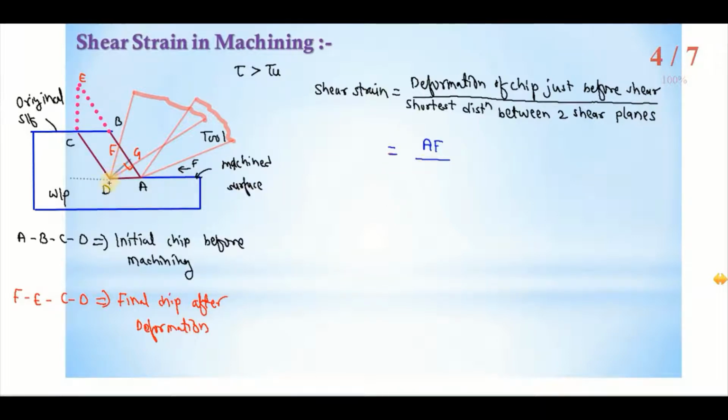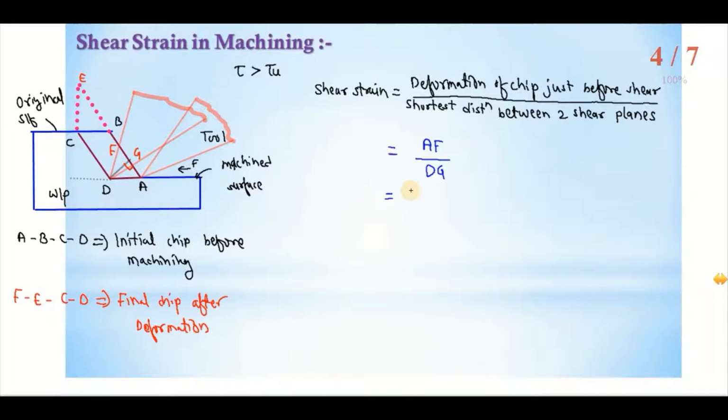So this is one shear plane DF, and this is one shear plane, that is AD. So the shortest distance between two shear planes is DG. So this is DG. Now if you look at this diagram, this DG normal is at the center to this AF.